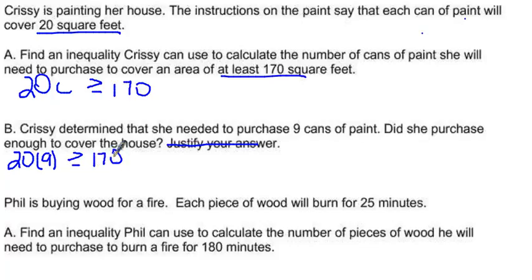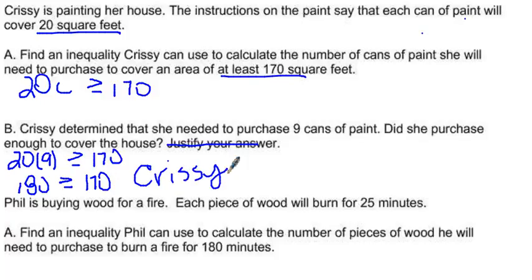So if I do 20 times 9, I get 180, and 180 is in fact greater than or equal to 170, so Chrissy did well. She purchased enough. And it says justify your answer. That's what we did here in the inequality. So Chrissy purchased enough.